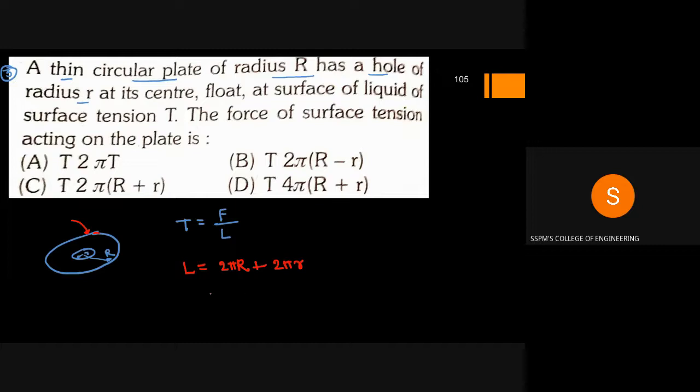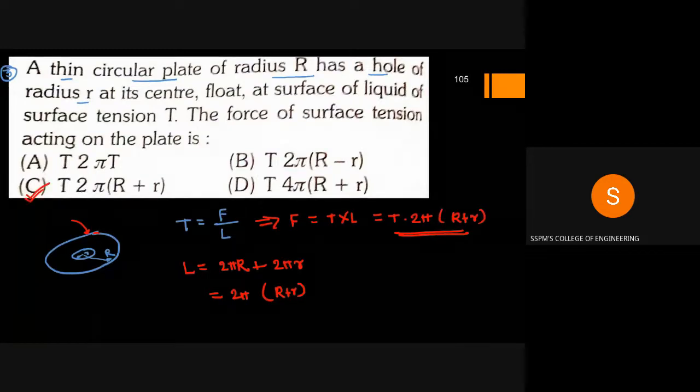Okay, so this is 2 pi in bracket R plus r, this is the total length. So from this equation, we will write F is equal to T into L, and this is equal to T into 2 pi (R plus r). So the correct option is option C, T 2 pi (R plus r).